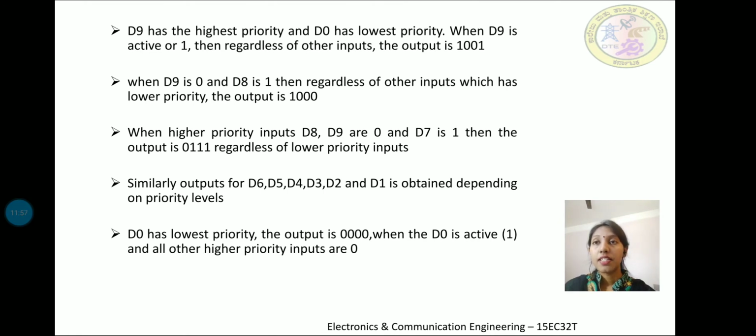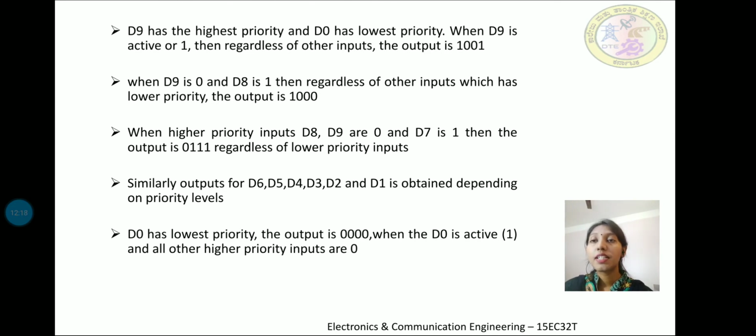When D9 is 0 and D8 is 1, only then is the output code corresponding to the digit 8 obtained. Similarly, when the higher priority inputs D9 and D8 are 0 and D7 is active, then the BCD code corresponding to 7 is obtained.